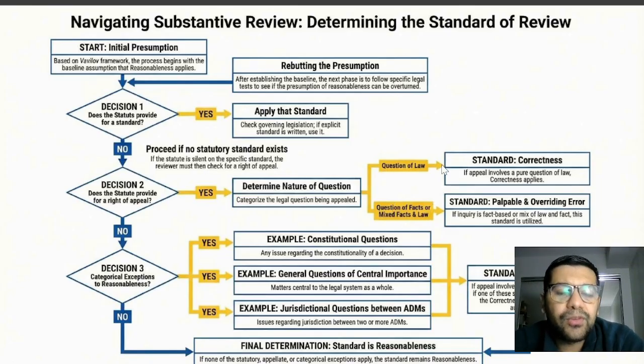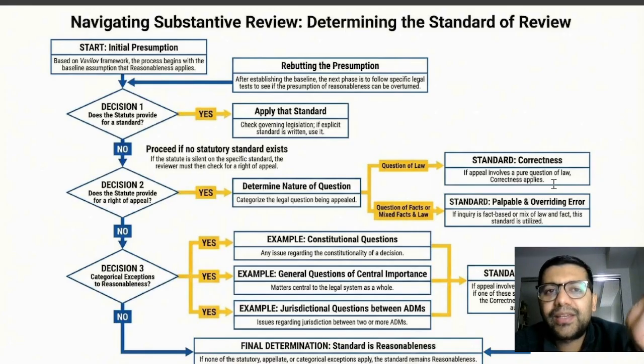If the appeal involves a pure question of law, then correctness applies. If the appeal is related to the law, that the law was not applied properly, then this has to be correctness, because it is about the law.